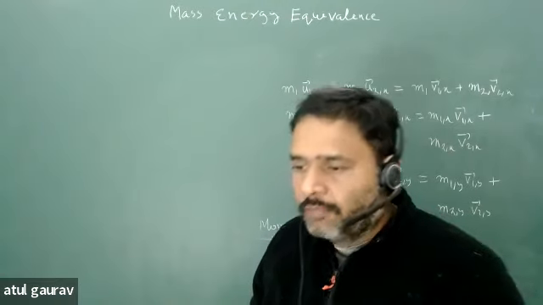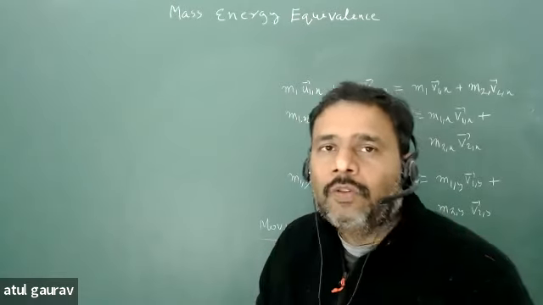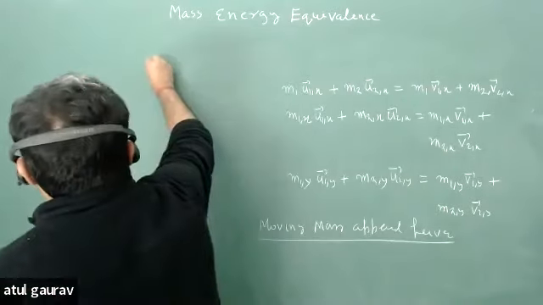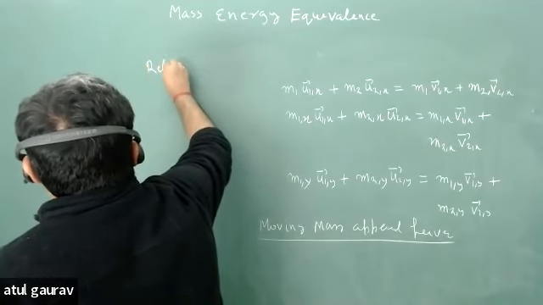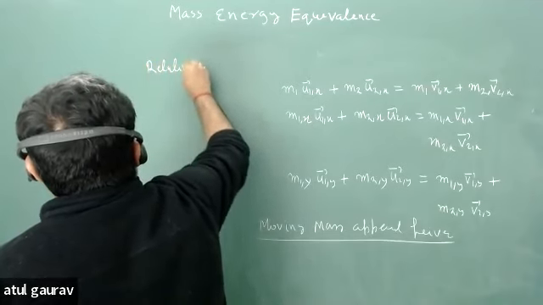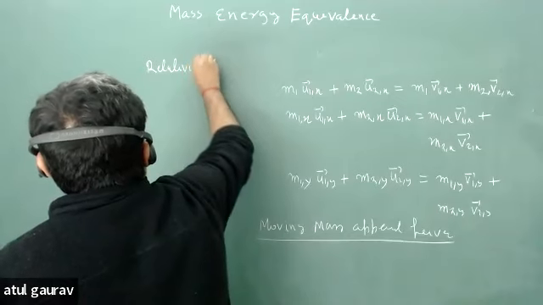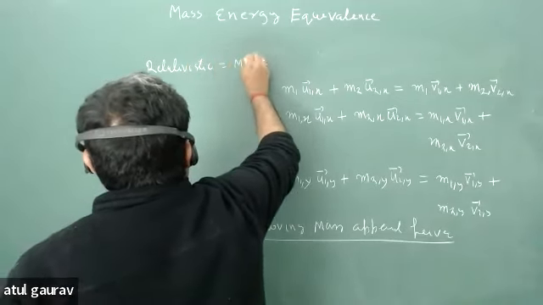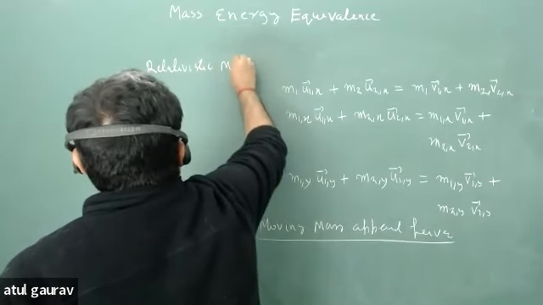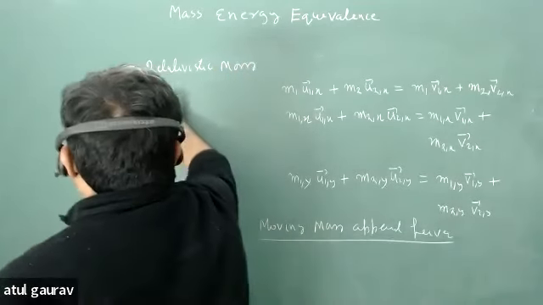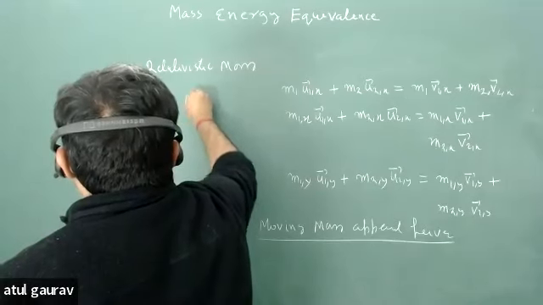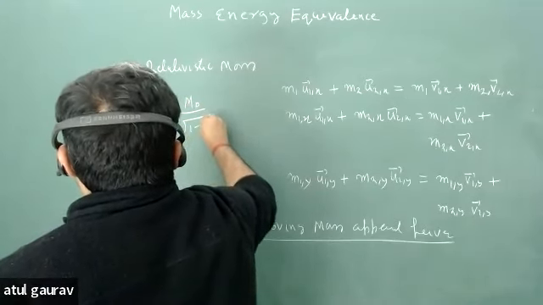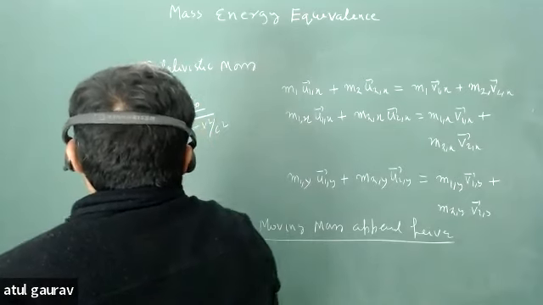Otherwise, if mass is moving with respect to you, that mass is known as what? Relativistic mass. So we have the new concept of relativistic mass m, and this will be m is equal to m naught upon root under 1 minus v square upon c square.